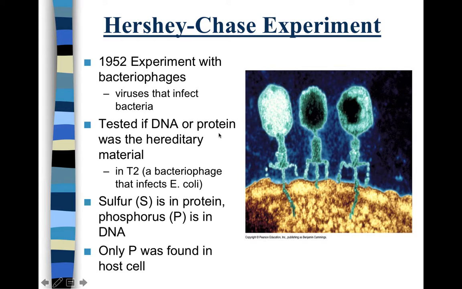It tested if DNA or protein was the hereditary material in T2, which is a bacteriophage that infects E. coli. Sulfur, S, is present in protein. Phosphorus, P, is in the DNA. The only P was found in the host cell.